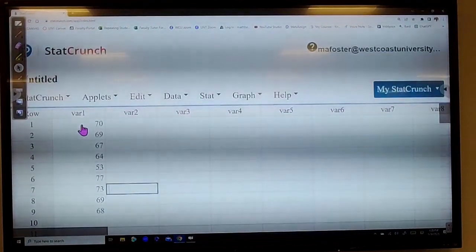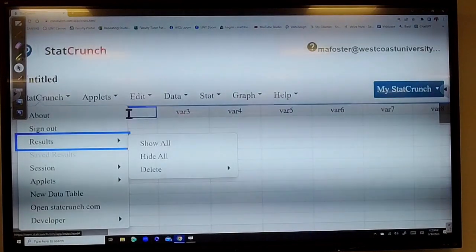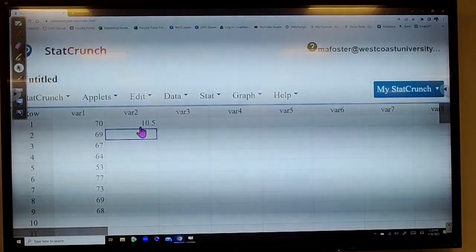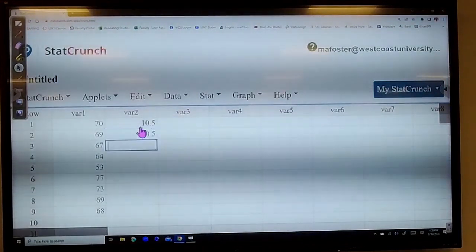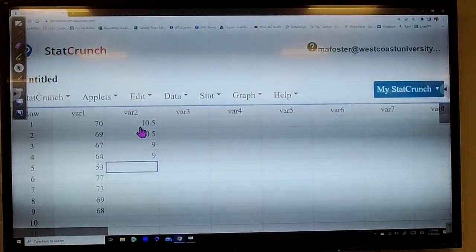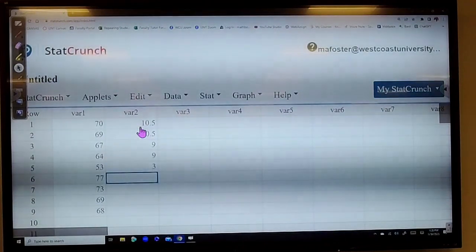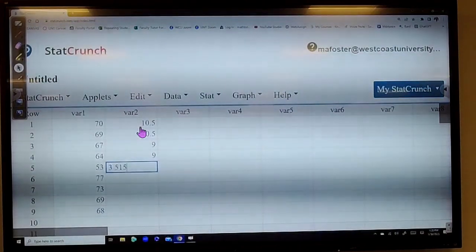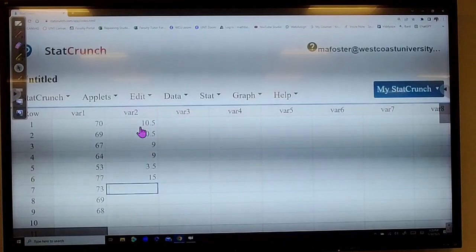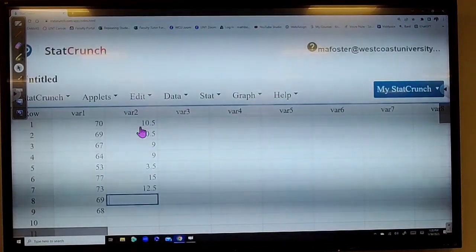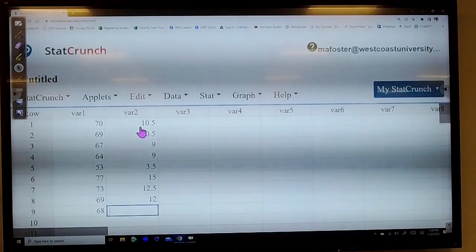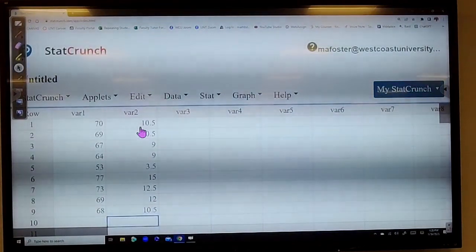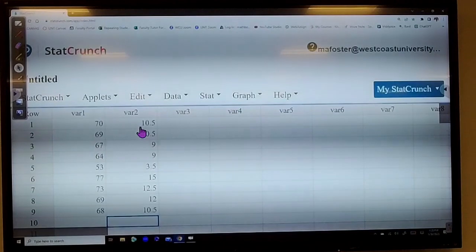All right, and the corresponding shoe sizes were. So now I've got my information plugged into StatCrunch.